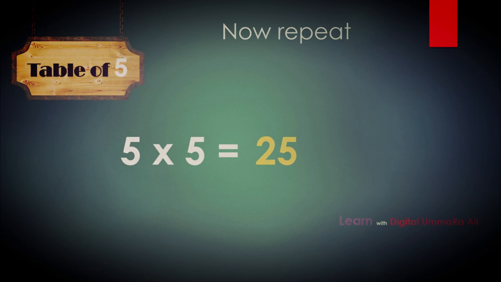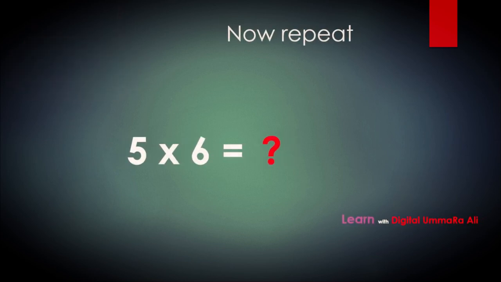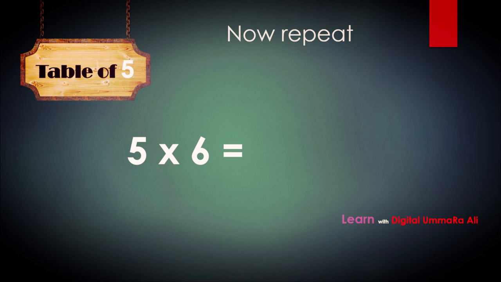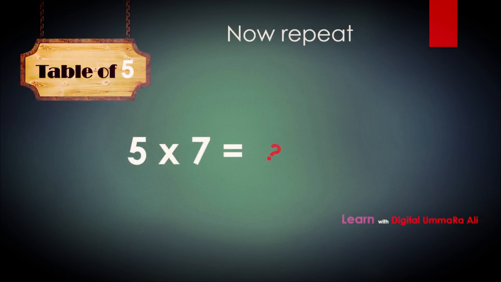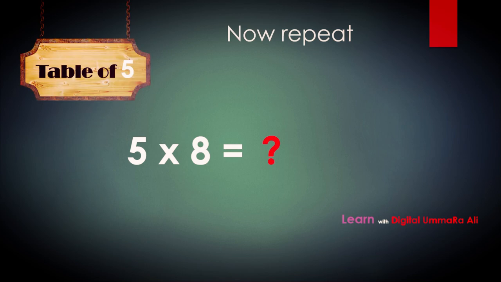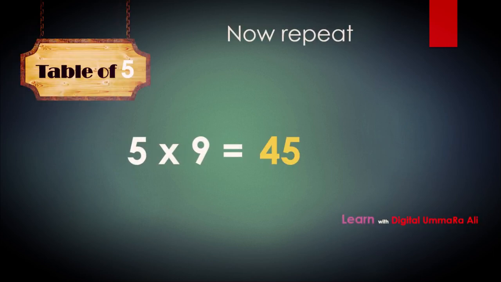Yay! 5 sixes are 30. 5 sevens are 35. 5 eights are 40. 5 nines are 45.